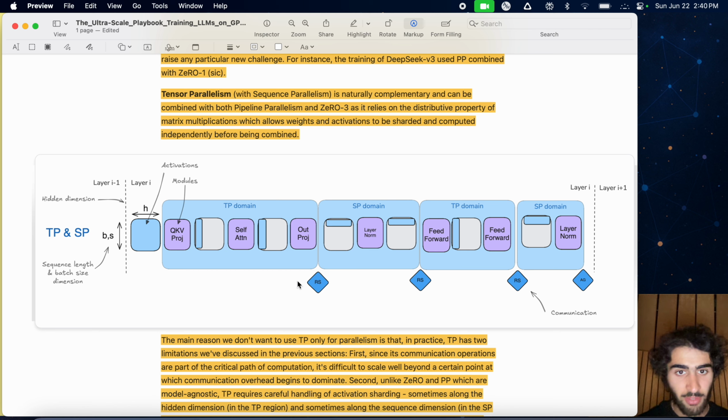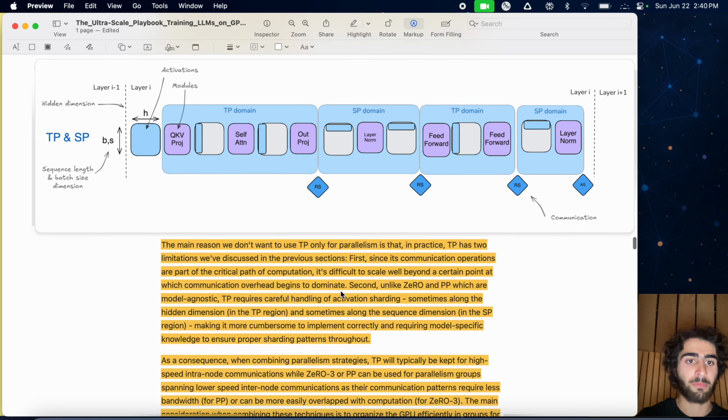And we have these diamonds here, which represent a reduce-scatter, which is essentially consolidating the weights and the parameters that are required to be communicated. Once again, I can't really explain this at a low level because I have an entire video for that, so this is just a high-level explanation.